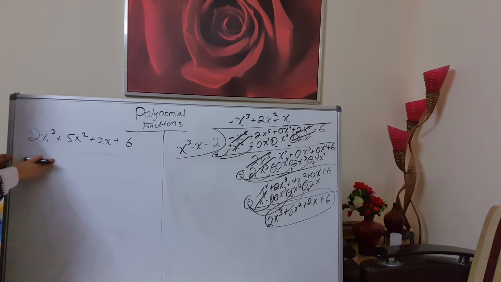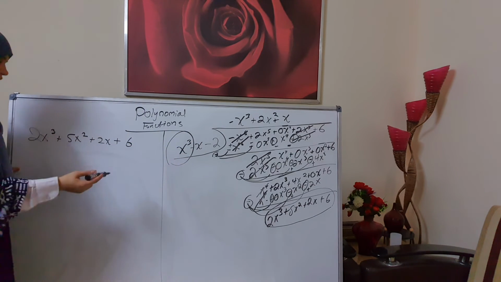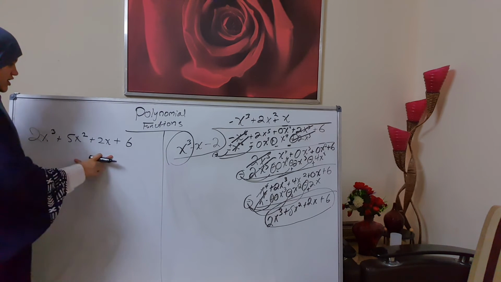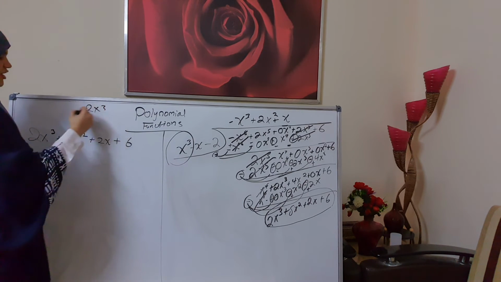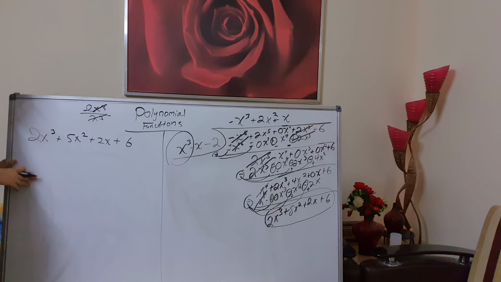Now we will continue also, because we have here already x to the power of 3, right? We will take the first term in this function, which is 2x to the power of 3, right? Now, if you make 2x to the power of 3 over x to the power of 3, you cut x to the power of 3 with x to the power of 3, right?